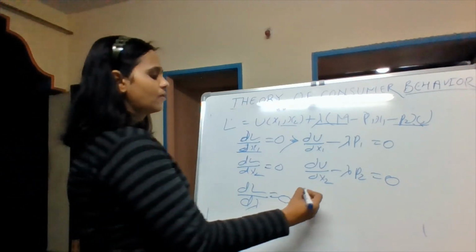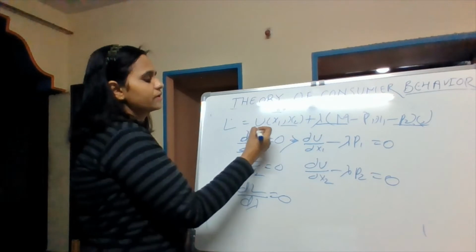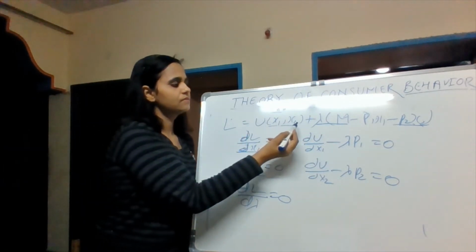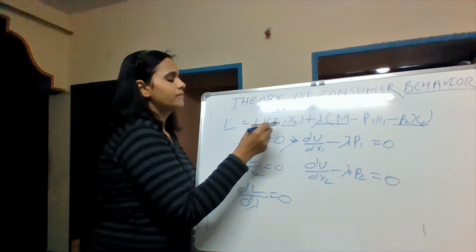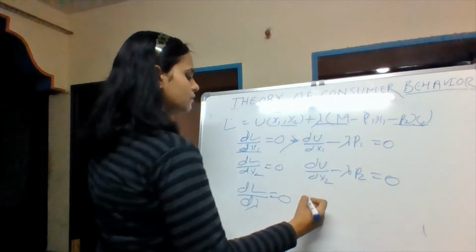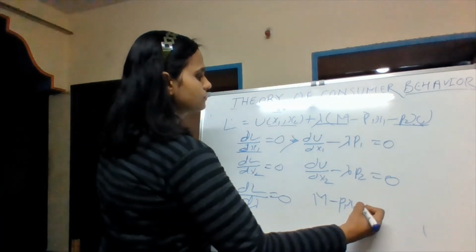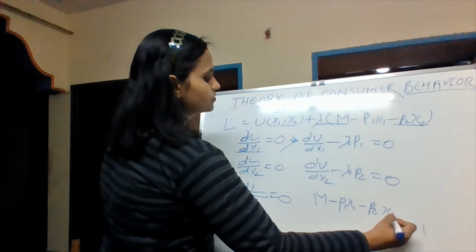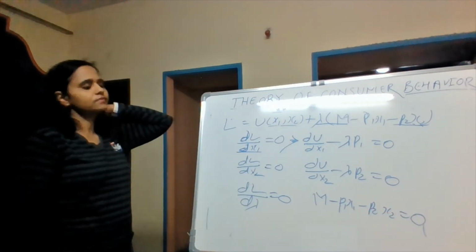Now d lambda equal to 0: the utility term becomes 0 because there is no lambda in it. So now this becomes m minus p1 x1 minus p2 x2 equal to 0. So you got the three equations.